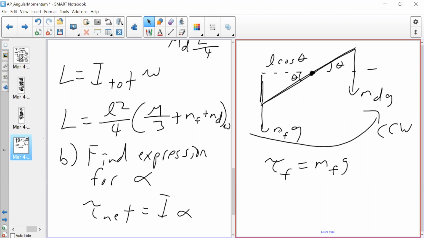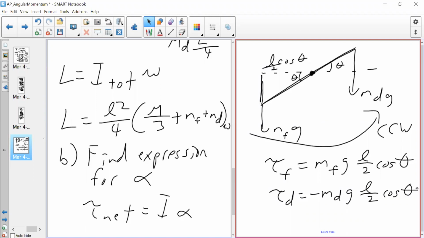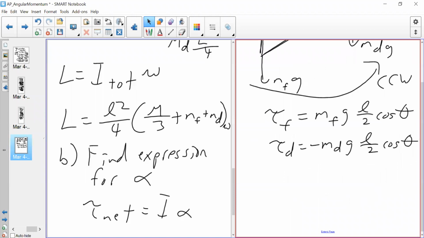So the torque is force times this radius, L over 2 cosine theta, because he's half the distance. That torque is coming out of the page, or counterclockwise, and the torque by the daughter is going to be weight of daughter, L over 2 cosine theta. Put that into your net torque expression.